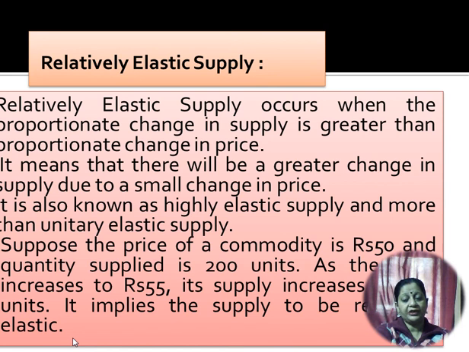Suppose the price of a commodity is rupees 50 and quantity supplied is 200 units. As the price increases to rupees 55, its supply increases to a larger number of units. So that means where the change in quantity supplied is greater than the change in price, that is known as the relatively elastic supply.